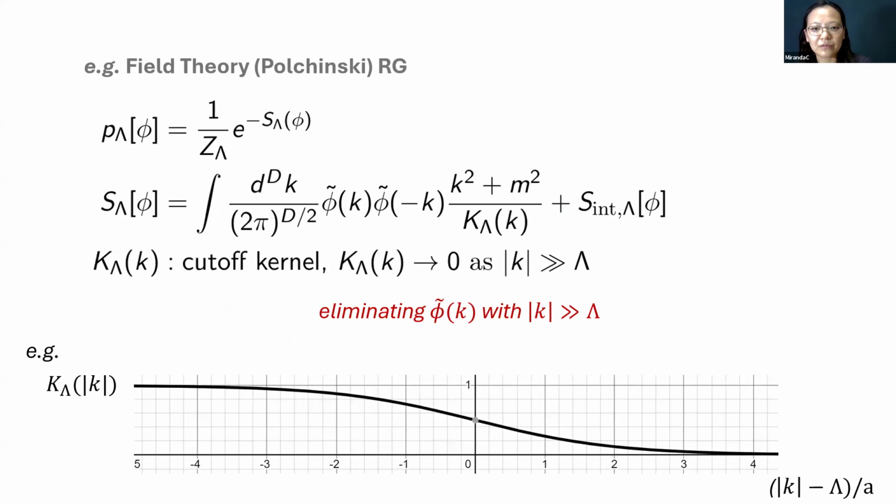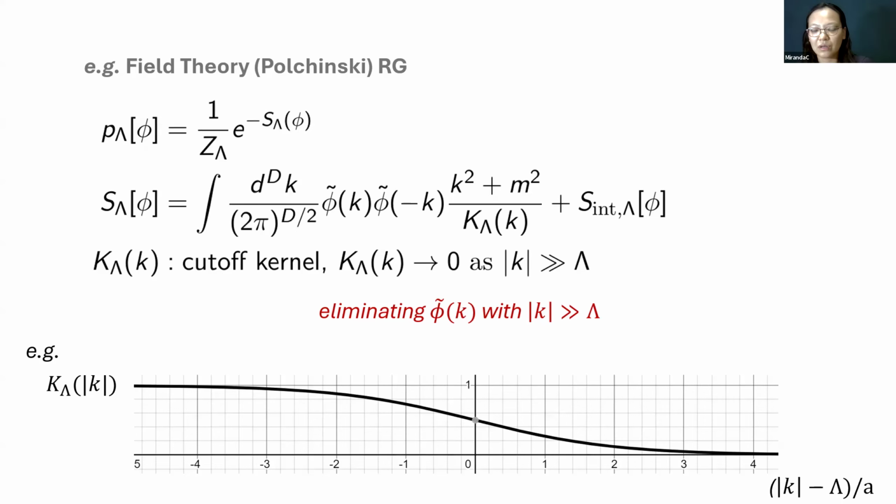Or we can look at that from the field theory point of view. Take, for instance, the Polchinski RG as an example. In this process, you have an effective action that depends on your cutoff scale. One thing this cutoff scale does is to cut off degrees of freedom, and this can be seen by the insertion of 1/k in your propagator, where k is your momentum.